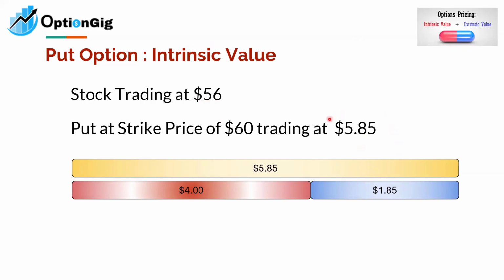But the same put option at $60 will not be trading at 585. It would have changed because the extrinsic value would have changed, because now we have gotten 1 day closer to expiration.